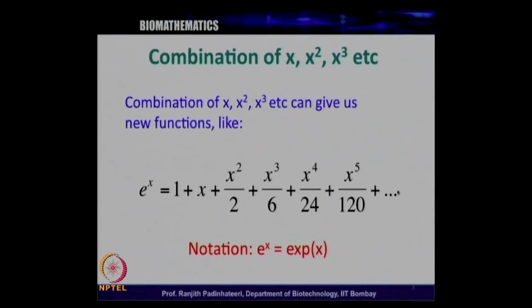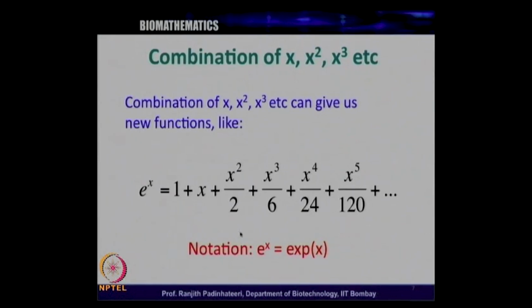This dot dot dot means this series continues till infinity. So this is an infinite series, and the sum of this series having infinite terms will give you this value e power x.